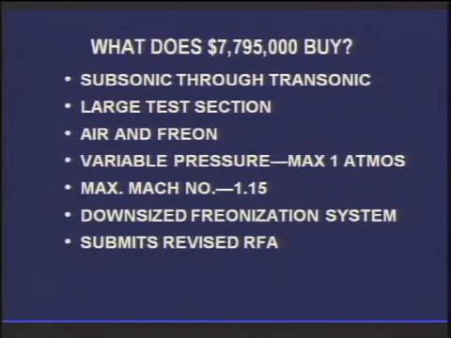And the testing Mach number, instead of 1.2, is going to be 1.15. It'll take a lot longer to handle the gas, to evacuate the test section, to exchange from freon to air. Research people say, well, even with these reductions, it's still worthwhile doing. So Langley revises their request for authorization and fires it off to Washington.